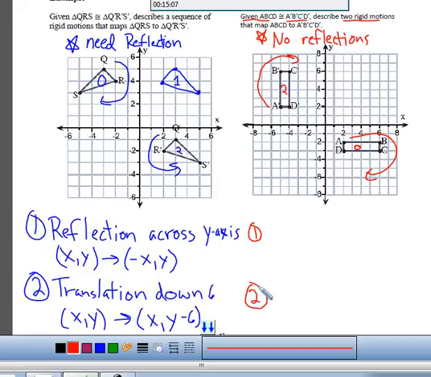So, what are the two transformations? Well, I am going to tell you what they are, sort of. The first one is going to be to rotate. Remember, when you rotate, you always rotate counterclockwise. So you're going to rotate, and then you are going to translate.